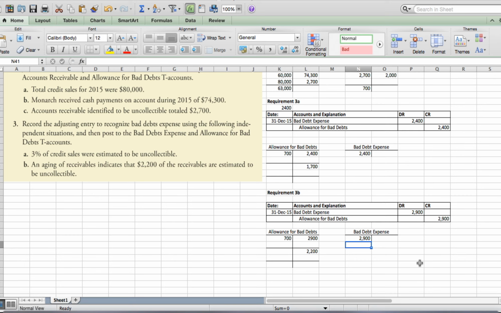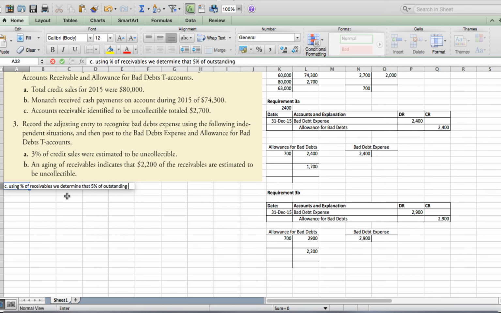If I were to add another problem in here that said Part C and wanted you to look at percentage of receivables, okay, instead of aging of receivables, I would basically give you in Part C, using percentage of receivables, we estimate that 5% of outstanding accounts receivable will not be collected.